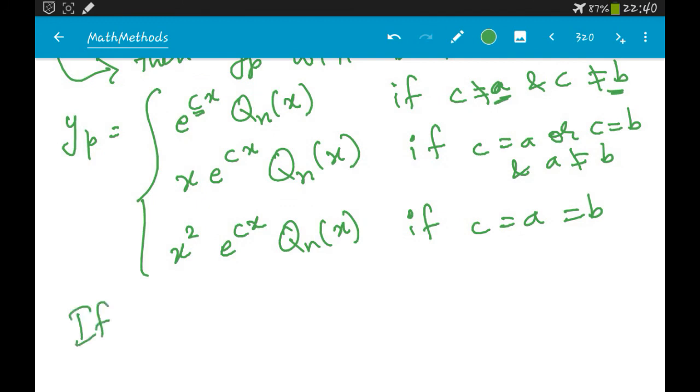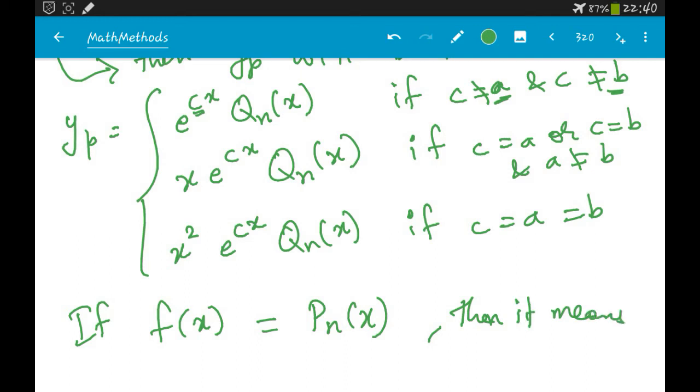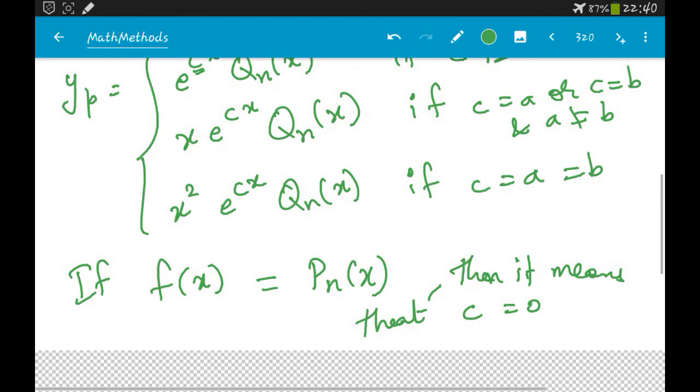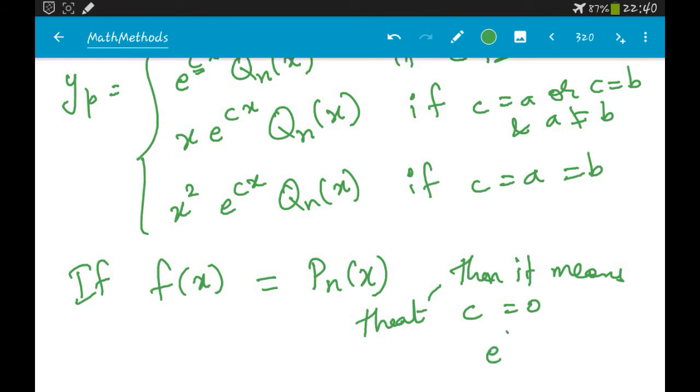If your f of x is just of the form Pn of x, then it means that c is 0, because if c is 0, then e power cx becomes 1.